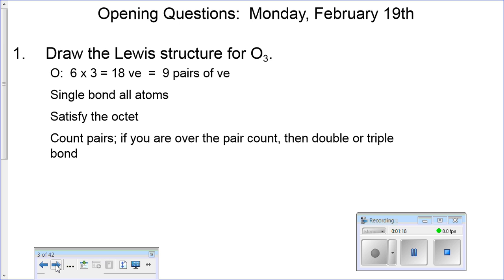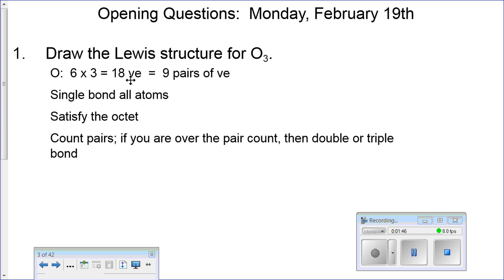Okay, so to draw a Lewis structure, the first thing you need to do is count the number of valence electrons that you have. So for O3, which happens to be a molecule of ozone, oxygen, based on its position in the periodic table, has 6 valence electrons, and there are 3 oxygen atoms in O3. So I'm going to do 6 times 3, which is 18 valence electrons.